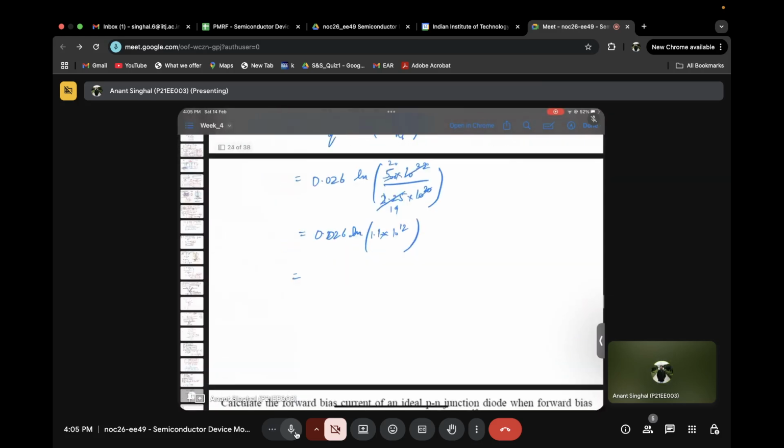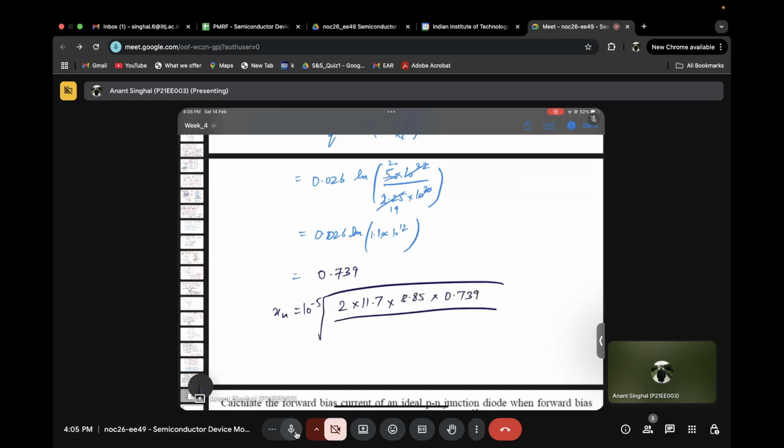Okay, sorry. XN will come out to be 4.25 times 10 to the minus 5, and by default everything is in centimeters, so that would be in centimeter, and I can write this as 0.425 micrometer.